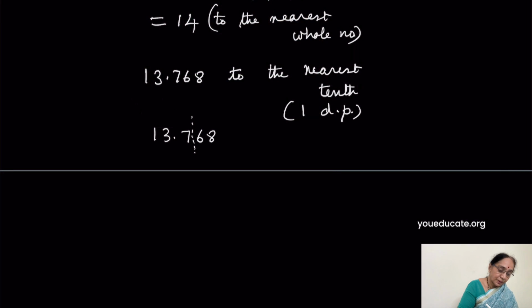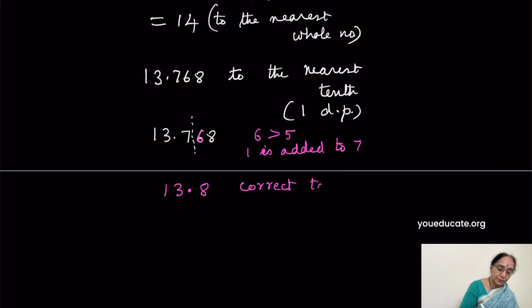It is 6 over here, and you know that 6 is greater than 5, so 1 is added to that 7, the digit that is before the line. So your answer is 13.8. You say that this is correct to 1 decimal point.